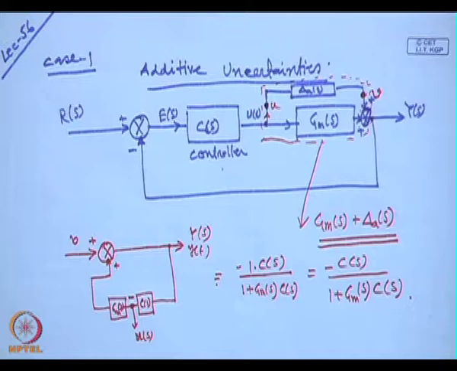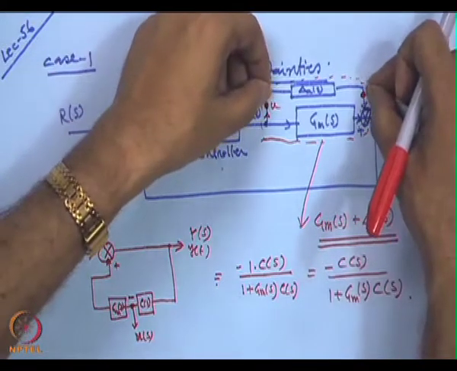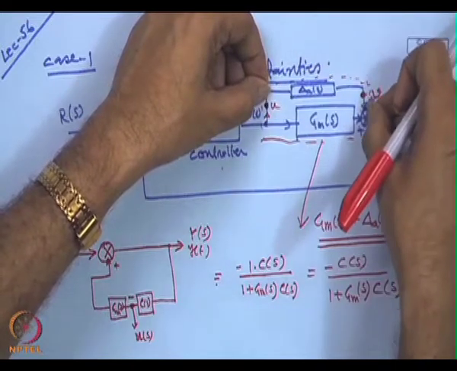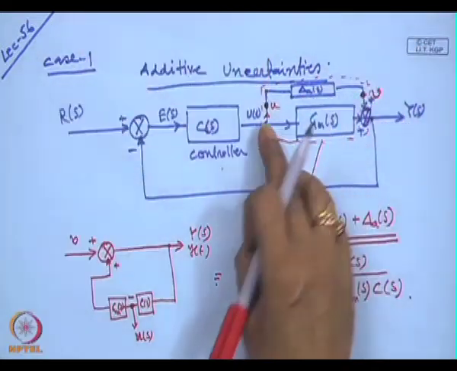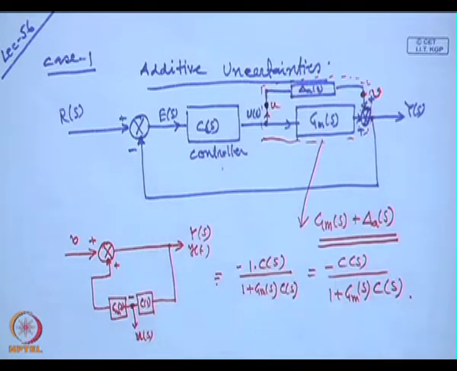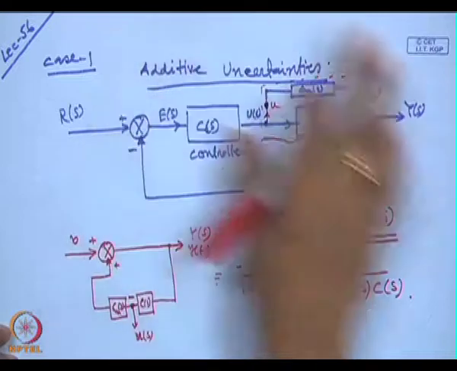So, this is the transfer function between the input and the output: the perturbation model output is the input to the system, and the perturbation model input from the controller output is acting as the input to the model. So, you have to study the stability of this one.